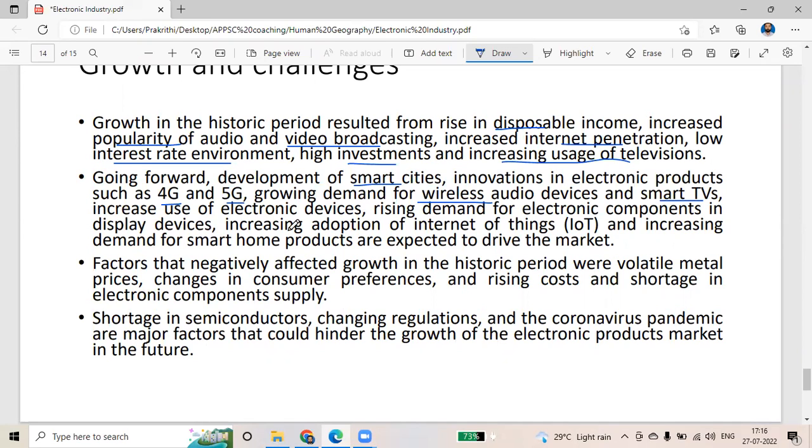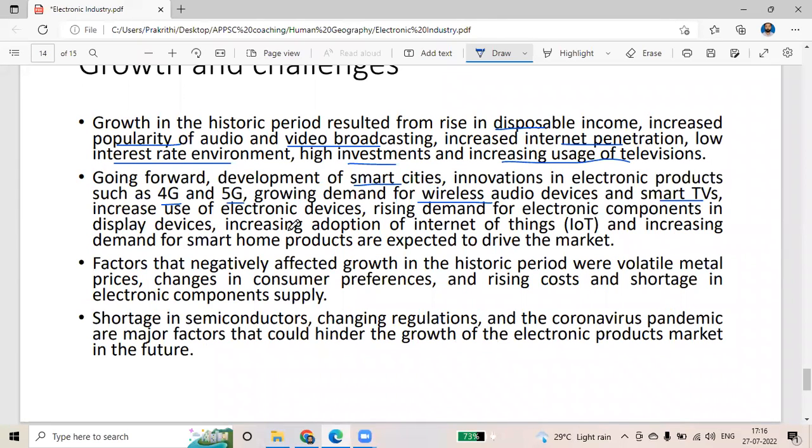In the Corona period, there was a tremendous increase in electronic usage. Without contact, we can communicate easily. So dependency on these electronic instruments increased.